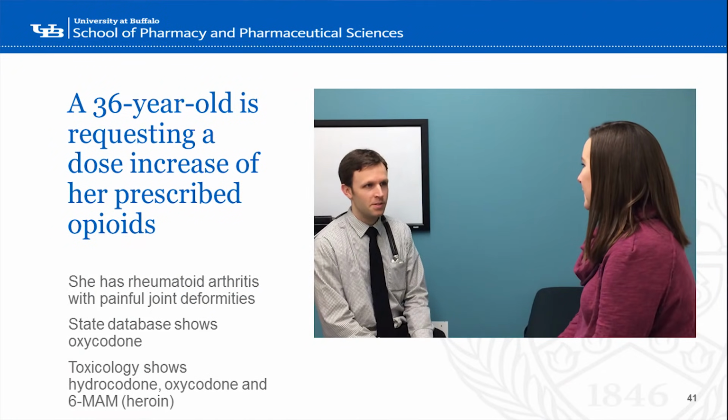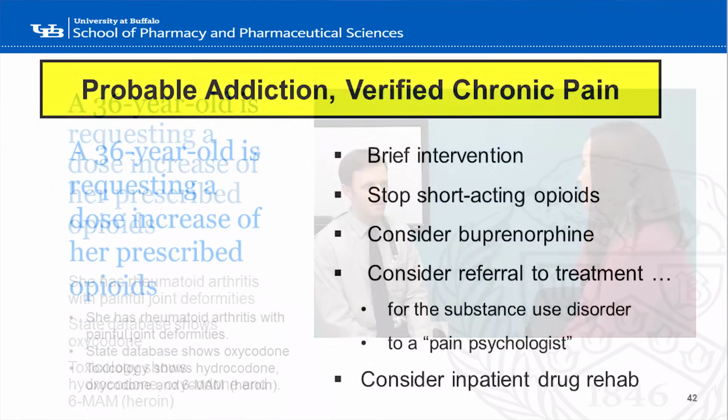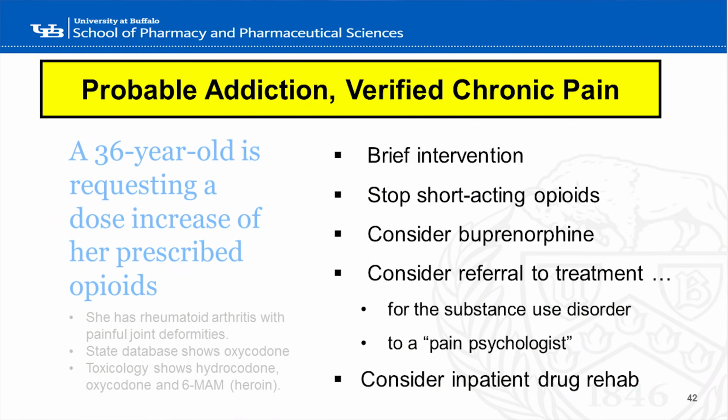Let's look at this case. A 36-year-old is requesting a dose increase of her prescribed opioids. She has rheumatoid arthritis, and on examination, she has painful joint deformities. The state database shows oxycodone as she's being prescribed, but her toxicology shows hydrocodone, oxycodone, and 6-monoacetylmorphine, which is heroin. So this person probably has an addiction. But she also has a chronic pain disorder.